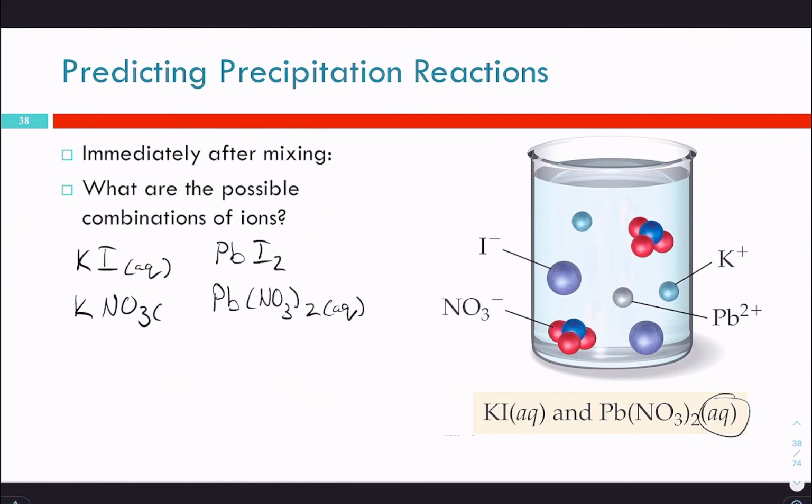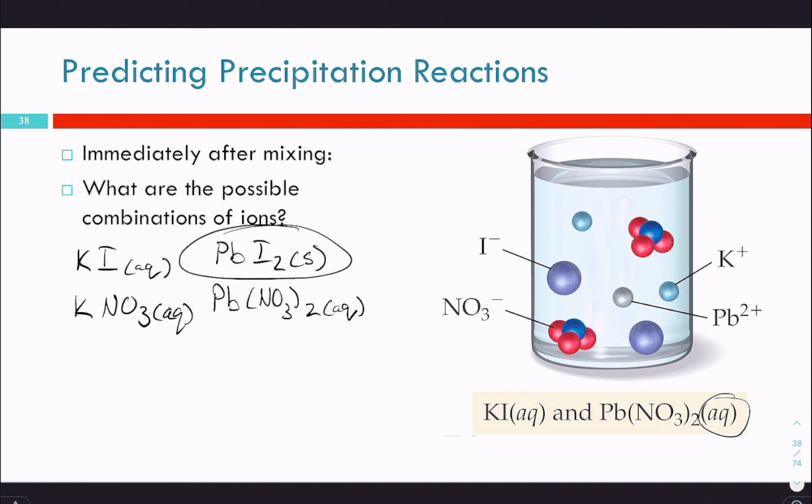So we said potassium nitrate is aqueous. This is a solid. So do we have a reaction or no reaction? Yeah, we have a reaction because we're forming a solid.